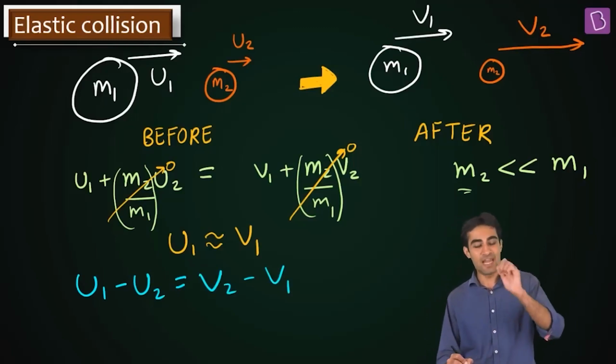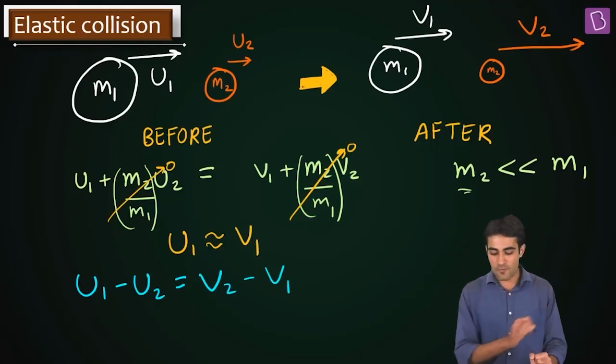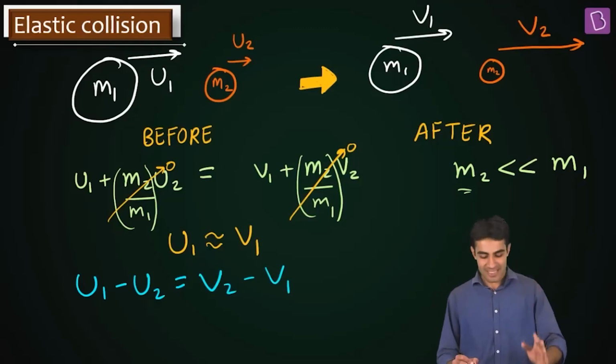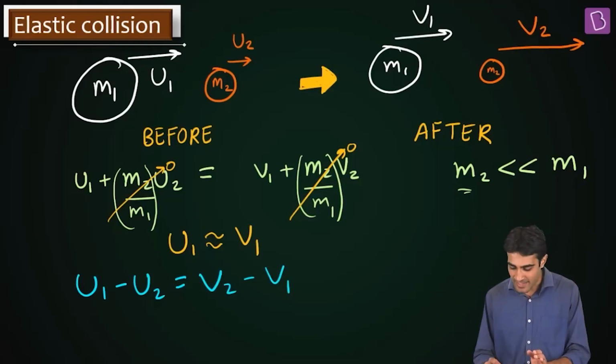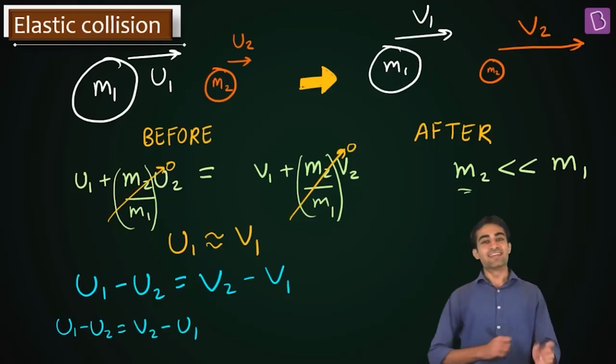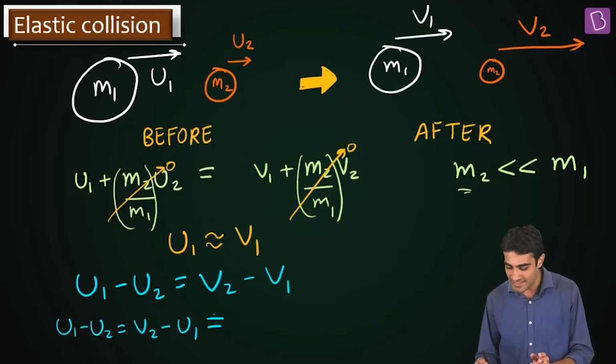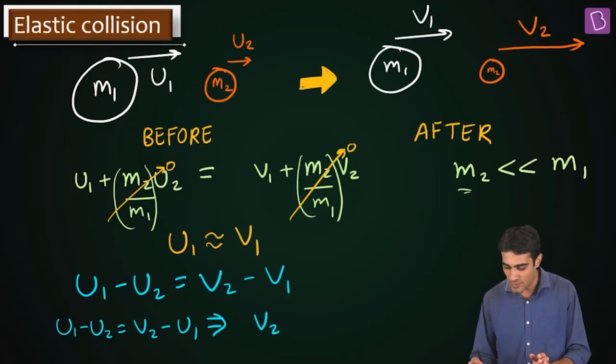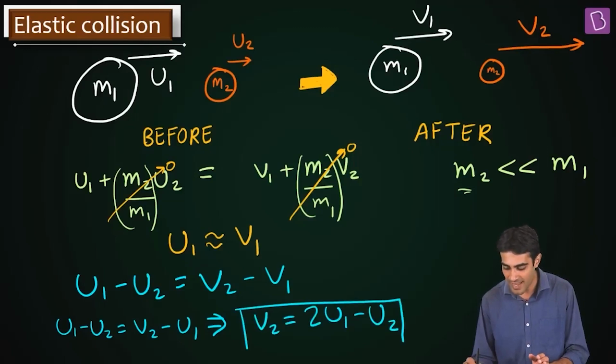Now, let me just put the value of v1 as u1. So, what are we getting? We are getting u1 minus u2 is equal to v2 minus u1. And from this we are getting v2. v2 is coming out to be twice of u1 minus u2. Yes, this is what we get.